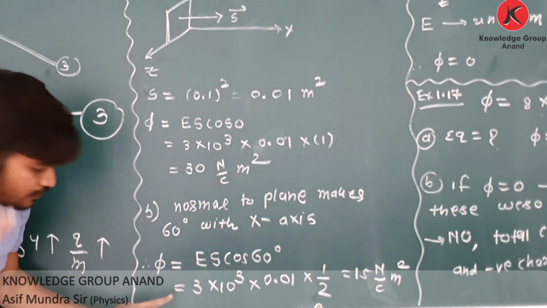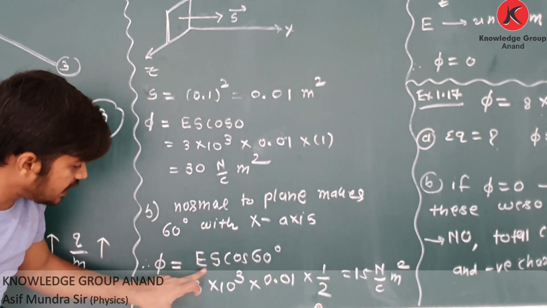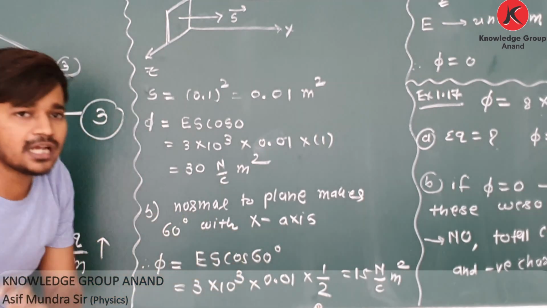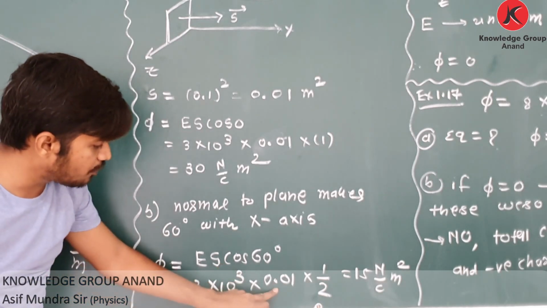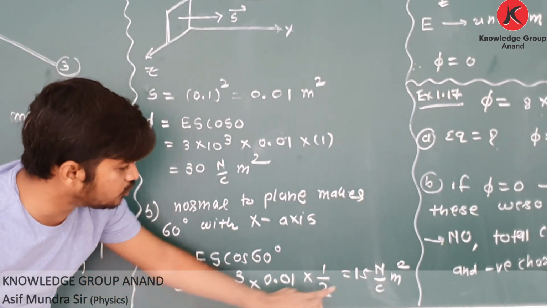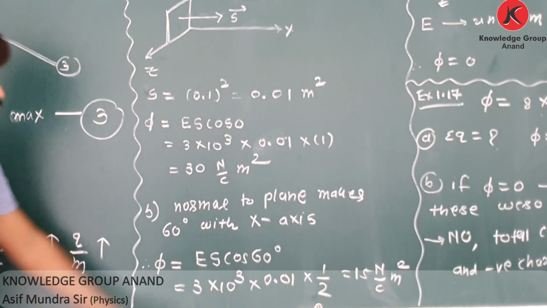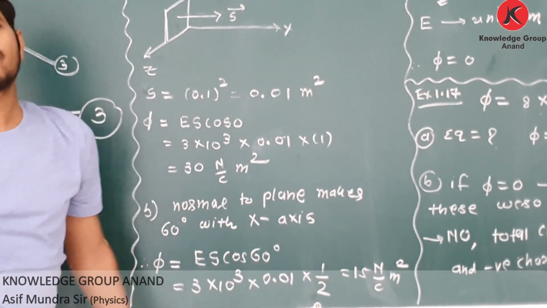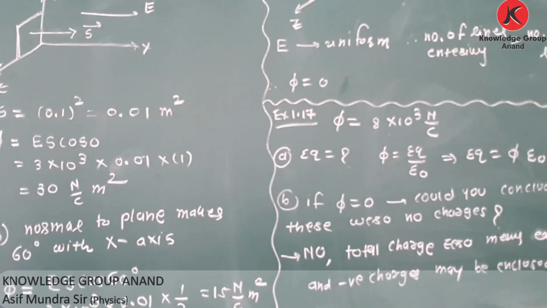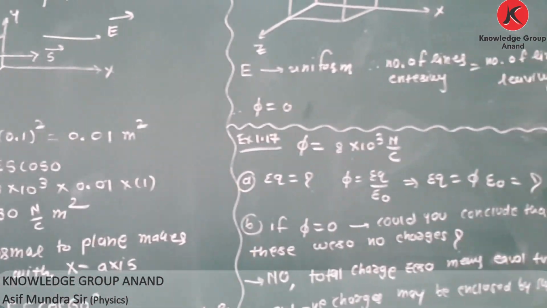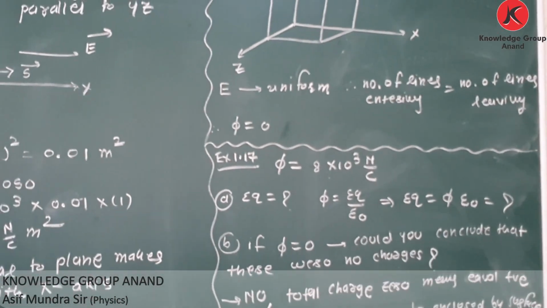Then what is the change in the equation? Phi is equal to E S cos 60. E is 3 into 10 raised to 3, S is 0.01, and cos 60 is 1 by 2. So your answer is 15 Newton per coulomb meter square. Clear? So that is exercise question number 1.15.